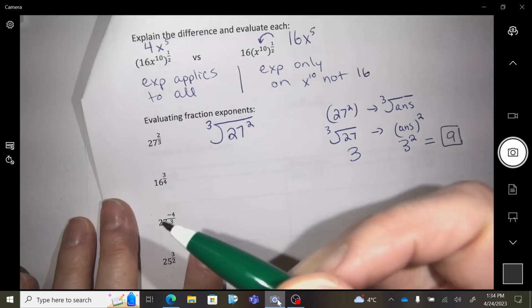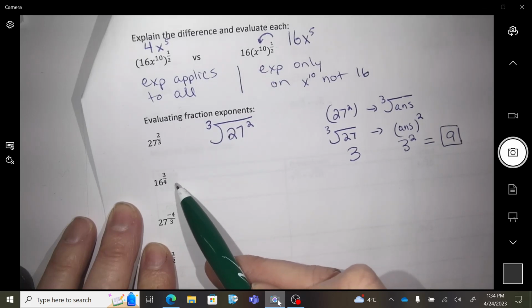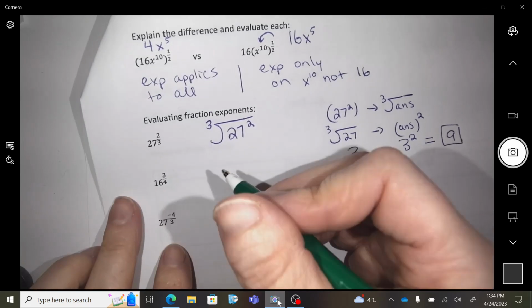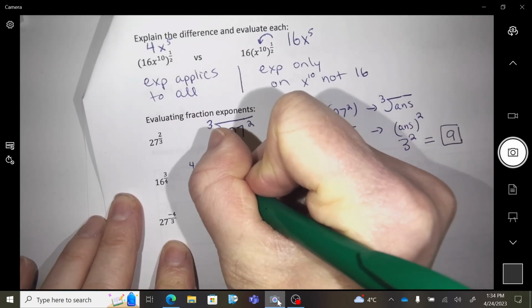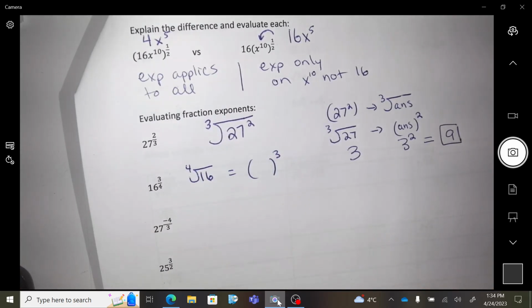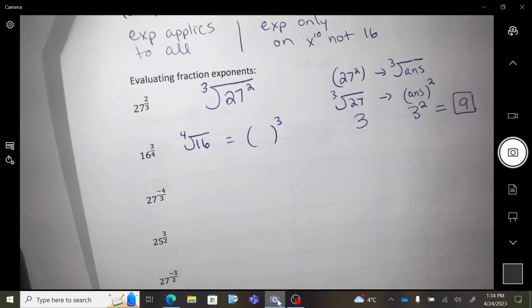Okay, you ready? Do you want to cube 16 and then 4th root it? Or do you want to 4th root 16 and then cube it? I'm going to 4th root 16 and then cube it. What times itself, times itself, times itself? You gotta do it 4 times.